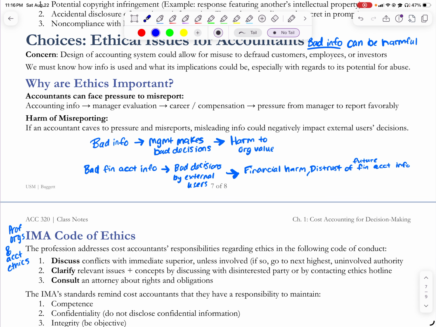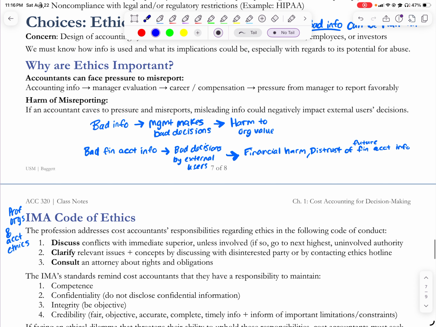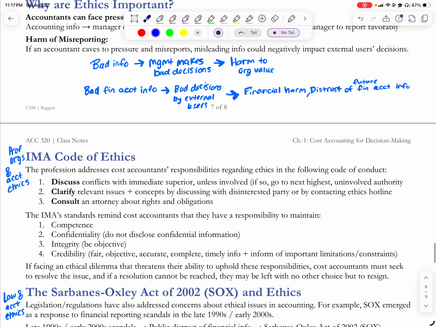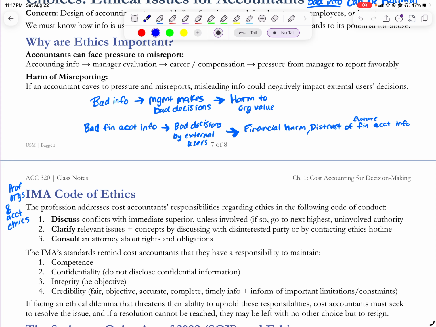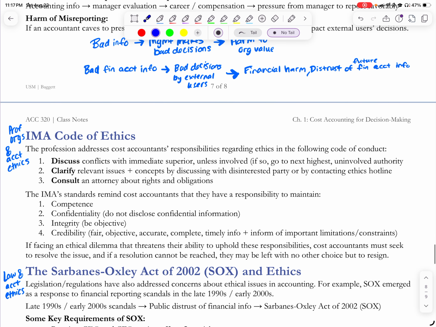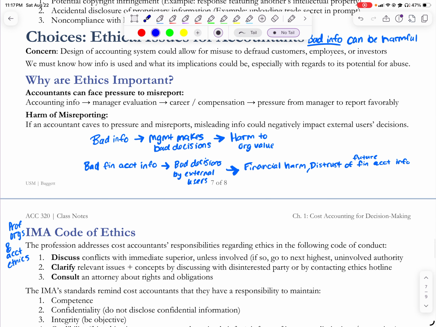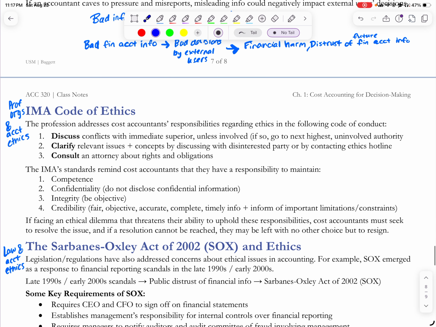And if you misreport, that information can lead to negative consequences for other users. So in a financial accounting world, it can impact shareholders who might not have invested had they known that revenues weren't as high as the income statement said they were, or whatever the difference is.